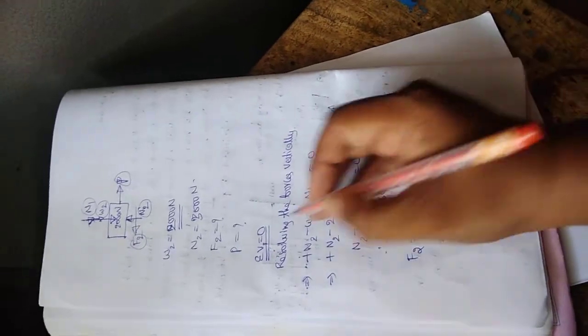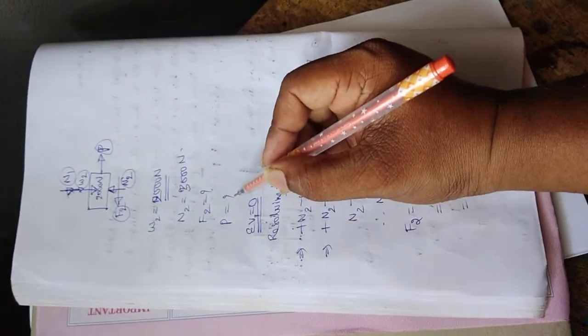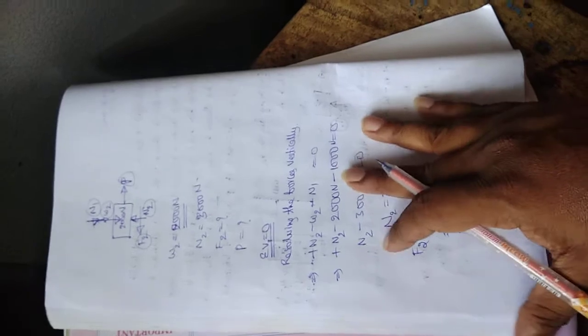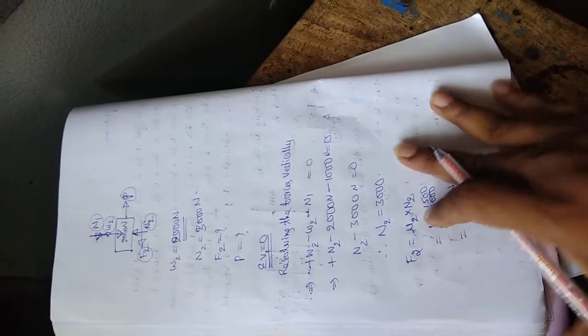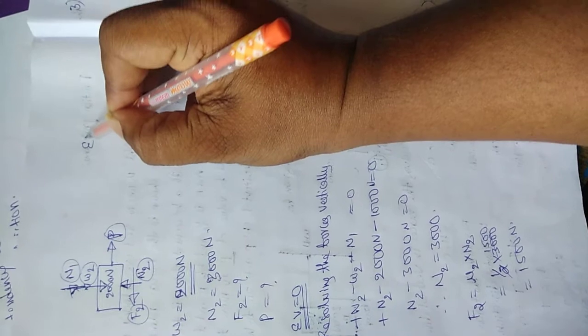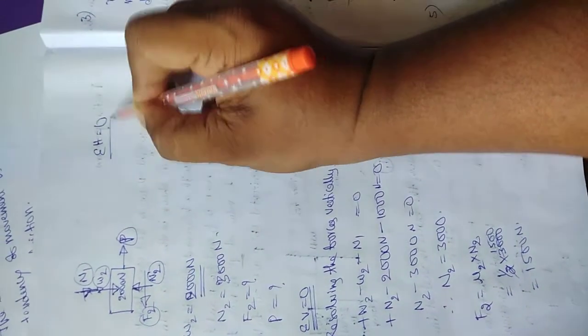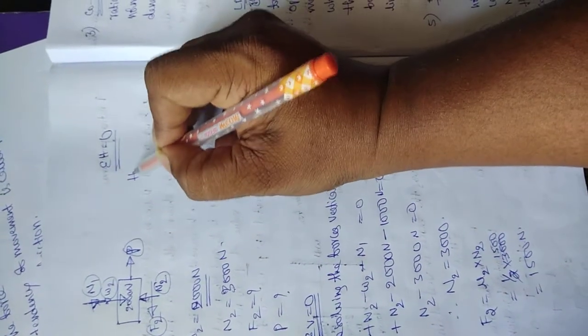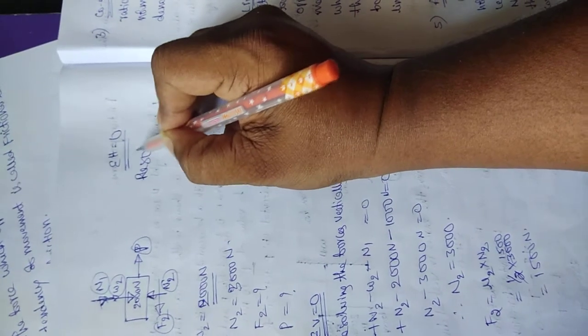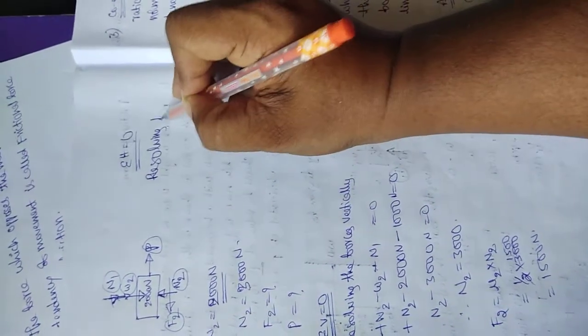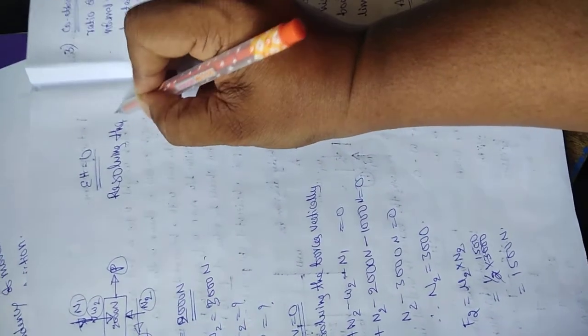And now for P, we are solving the horizontal forces. Sigma H is equal to 0. Horizontal, resolving the forces.